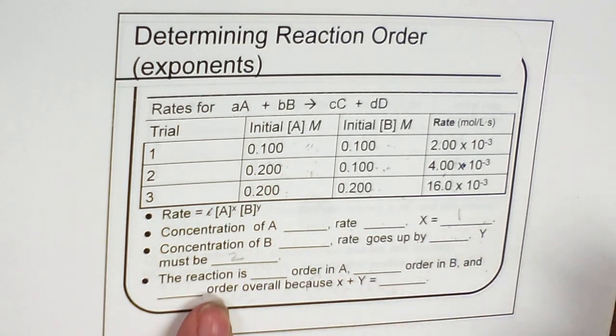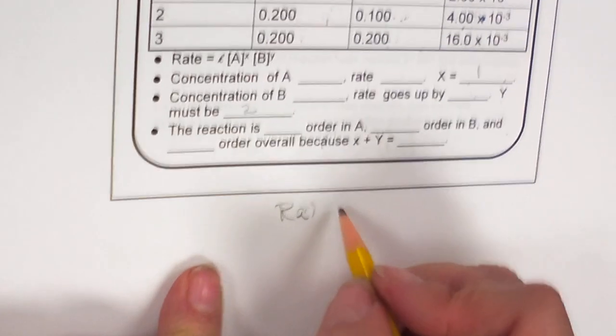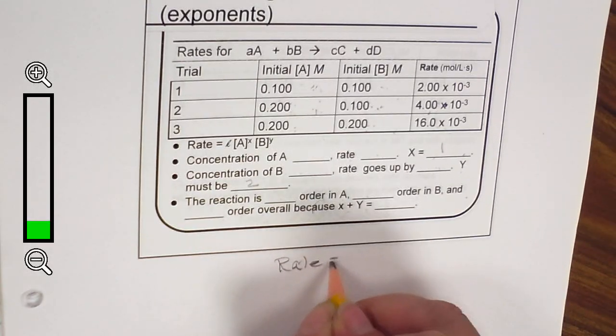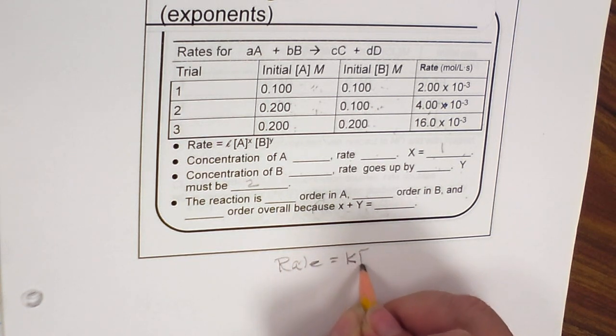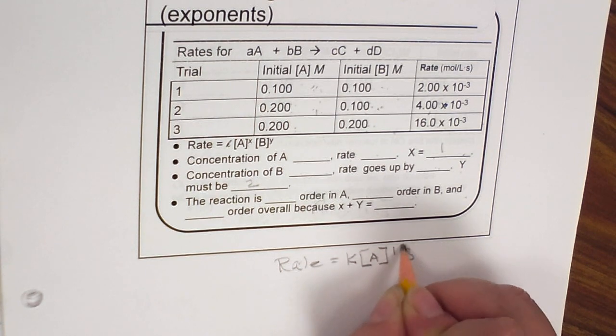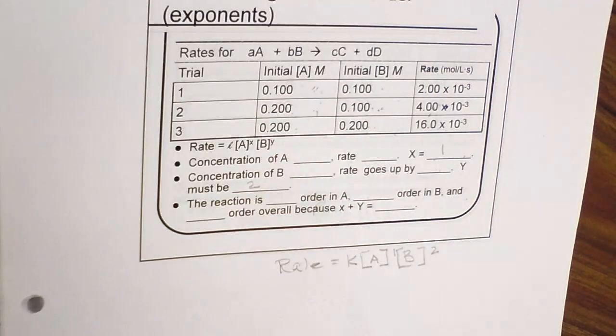So now I pretty much have this, right? Rate equals K times A to the 1 and B to the 2. How did I determine that? Experimentally. You with me?